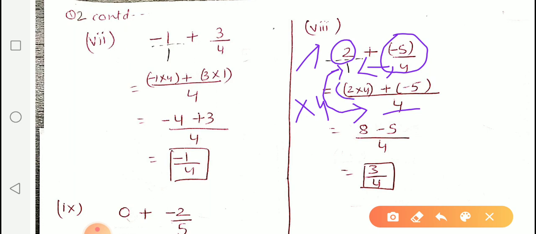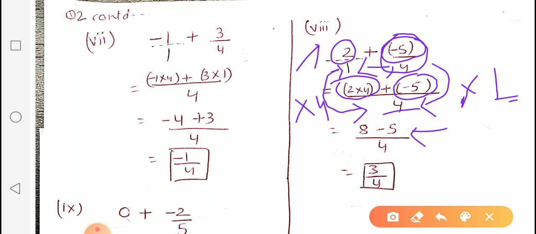Then we will multiply its numerator by 4. Here also we will see the 4 is multiplied by which number so that we can get 4 as answer. So that number is 1. So we will multiply its numerator -5 by 1 and get -5 as answer. Here we will solve these numerators and we will get 3 by 4 as an answer.